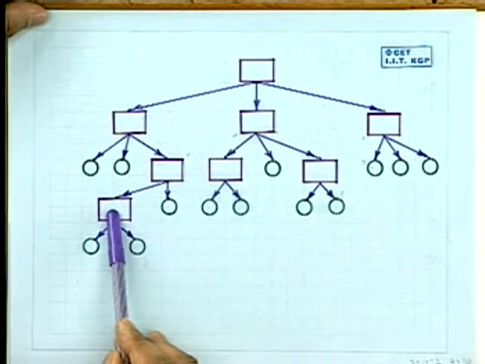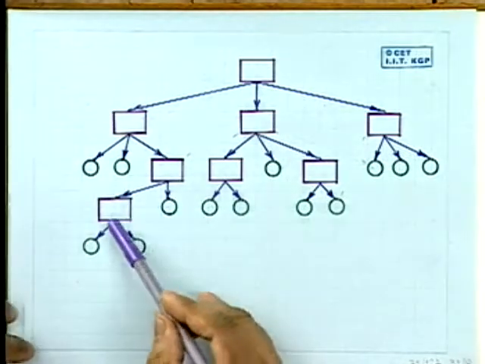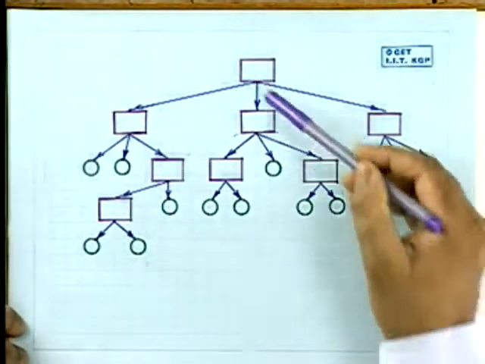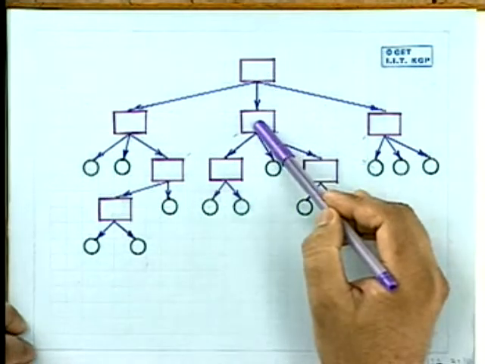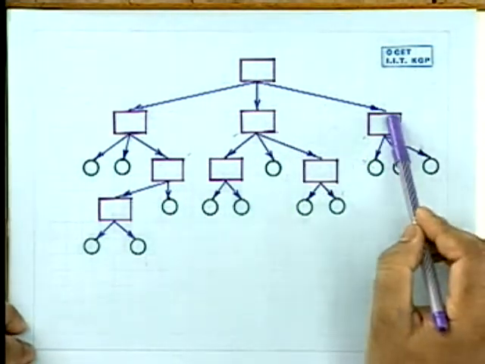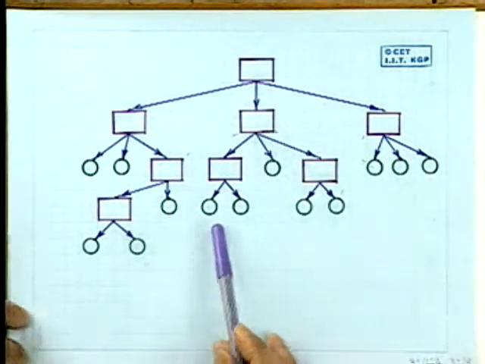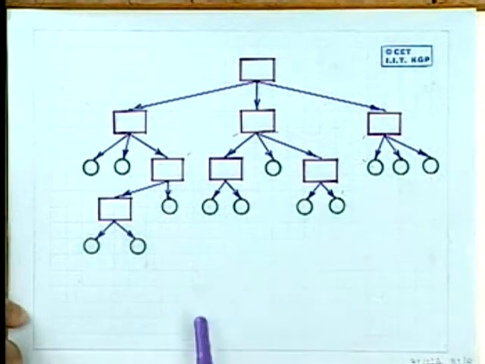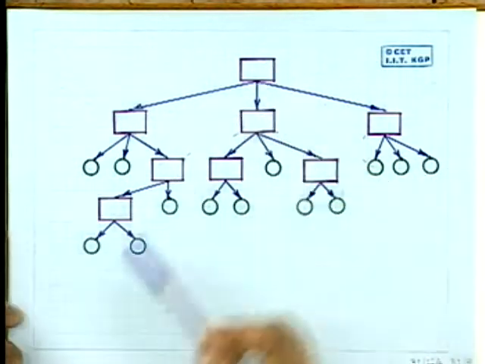And this subdirectory has 2 files under it. Now you can see, for example, here is another substructure. Here is another substructure. And if you see it, this is essentially a tree structure, and the directory structure here is a tree structure.